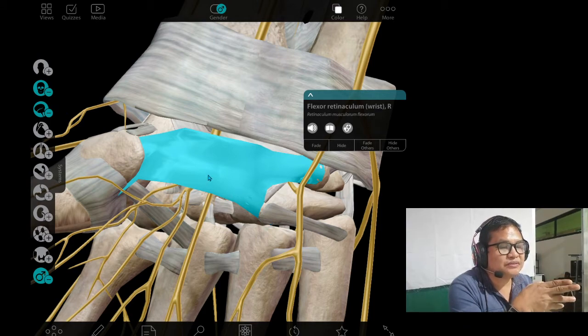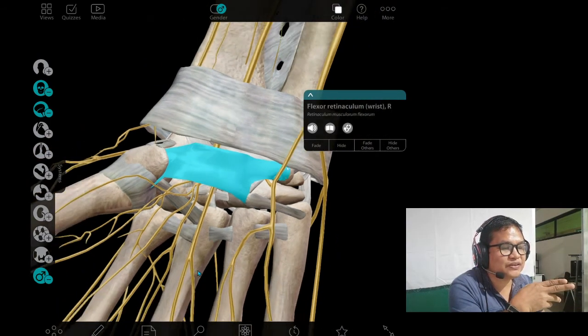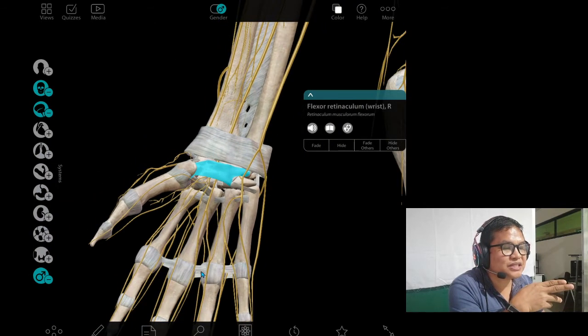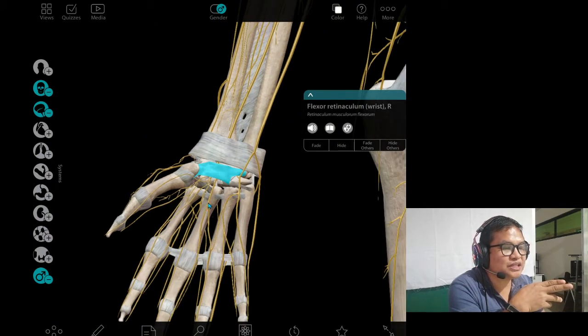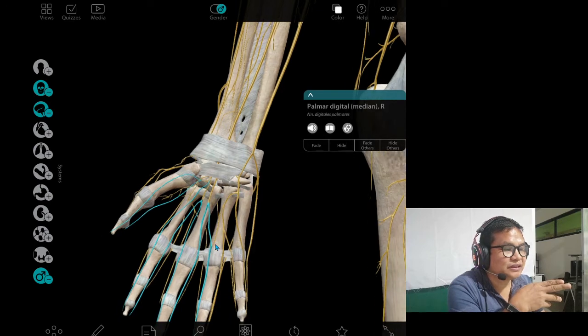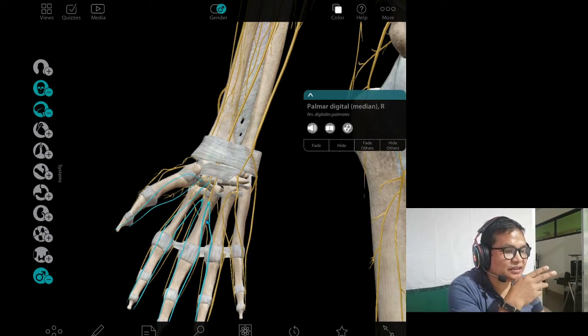When the nerve is compressed, it will affect the sensation of the fingers here, starting from the thumb, because it is supplied by this branch of the median nerve, then the middle finger and half of the ring finger.